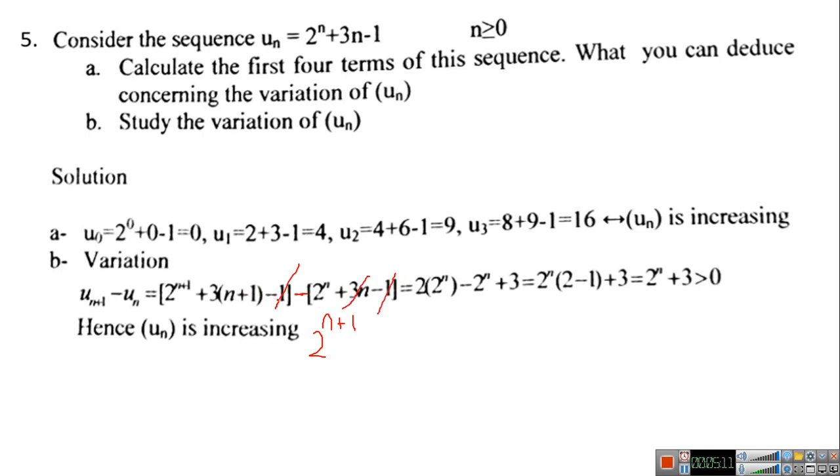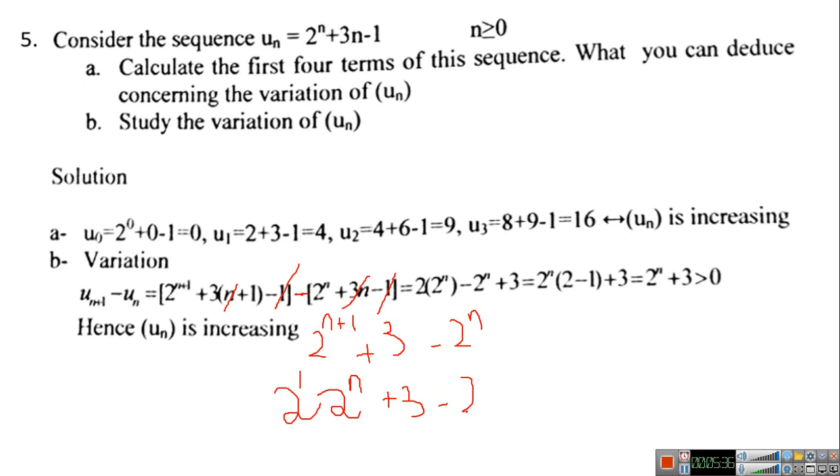The 3n and the 3n, what remains? Plus 3 minus 2 power n. Now you have 2 power n plus 1, so I want to write 2 power n plus 1 as 2 power n times 2 power 1, you add the powers, plus 3 minus 2 power n.